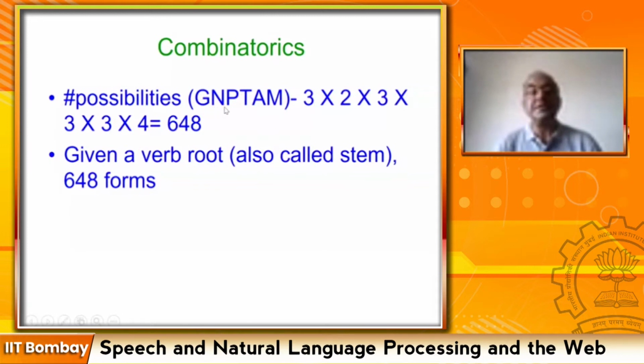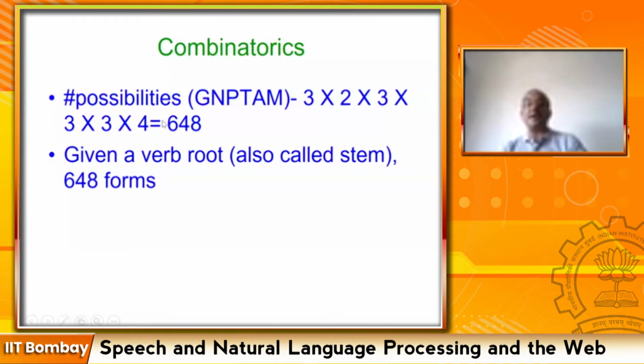So if I take the GNP TAM combination, then with the number of possibilities recorded in the last slide, I have, sorry, I'll just repeat this: 3 genders, 2 numbers, 3 persons, 3 tenses, 3 aspects, and 4 modalities.